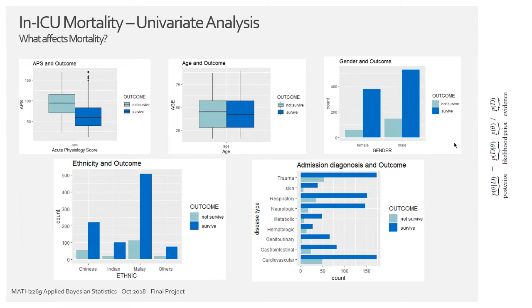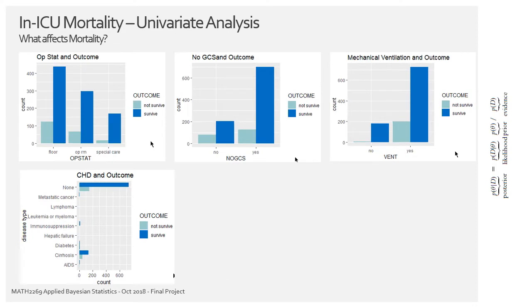The worse they get, the worse the chances of survival. Patients who were diagnosed as having hematologic conditions and trauma are less likely to survive. As for ICU admission source, if patients stay under the special care unit during treatment, they are more likely to survive.